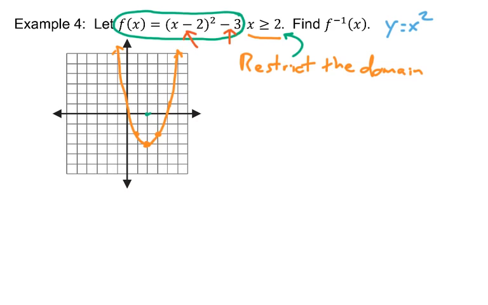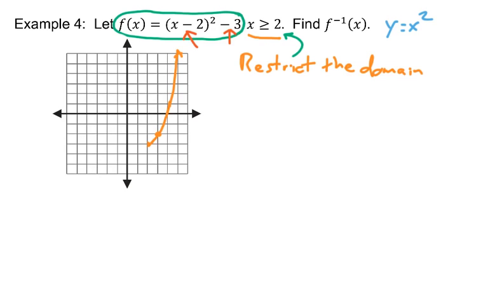What that essentially does is it says we're going to throw away all of the graph that's to the left of 2 and only look at the part of the graph that's to the right of 2, for x greater than or equal to 2. And that's essentially throwing part of the function away.